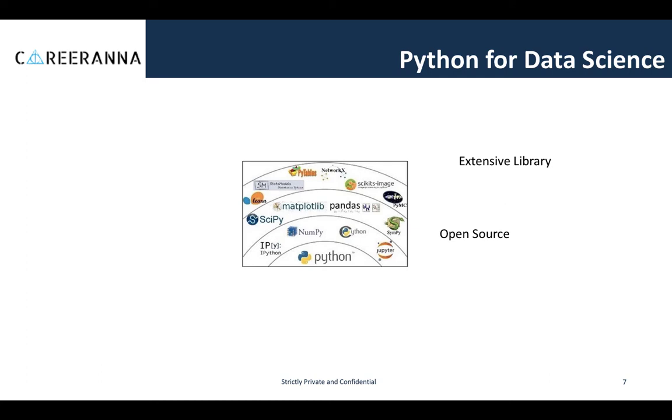The winning formula which Python has created for organizations is in the form of productivity, maintainability, and software quality. And that is where Python has become the preferred go-to language for organizations today.